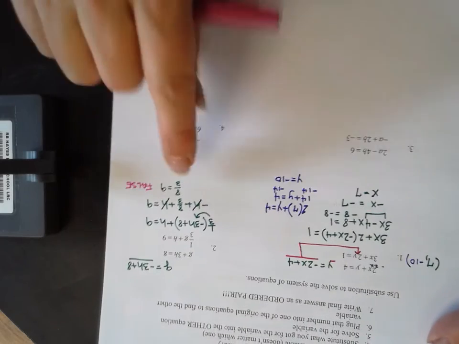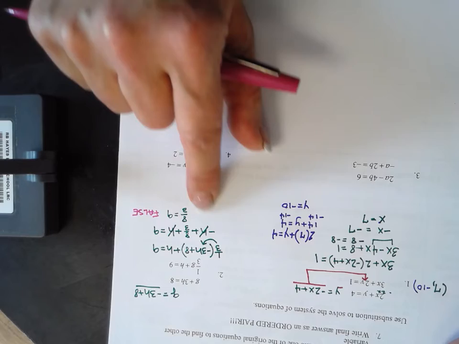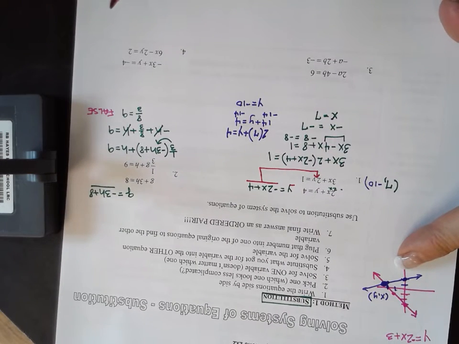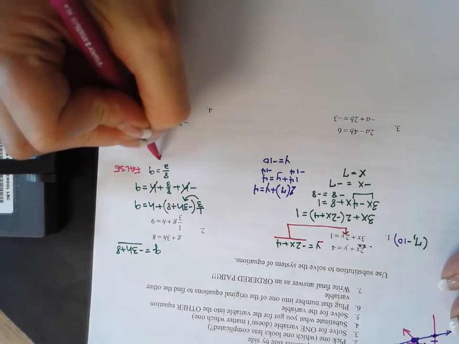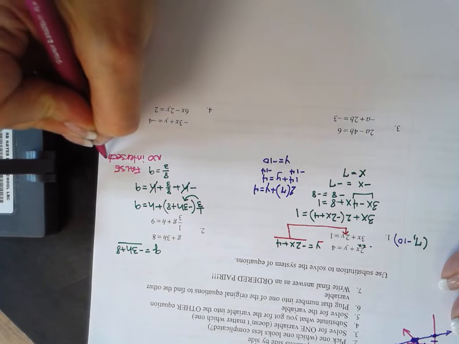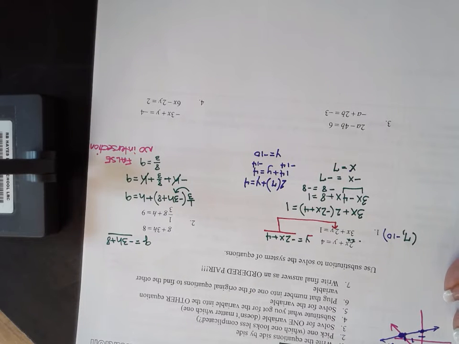If I wipe out my variables and get some false statement, what does that mean about my solution? They don't intersect, right? That means there's no intersection. And if 2 lines don't intersect, what kind of lines are they? Parallel.